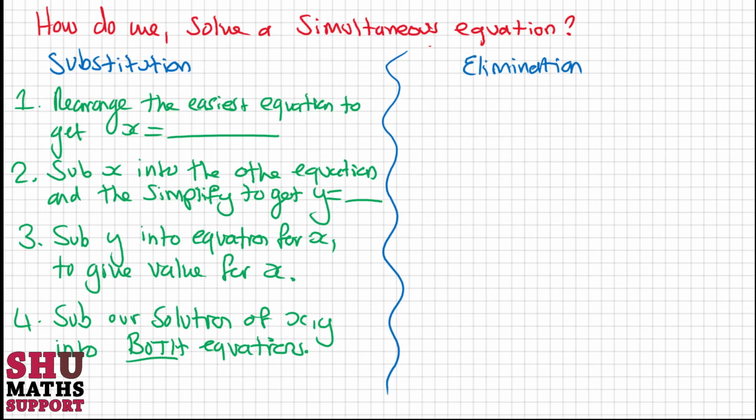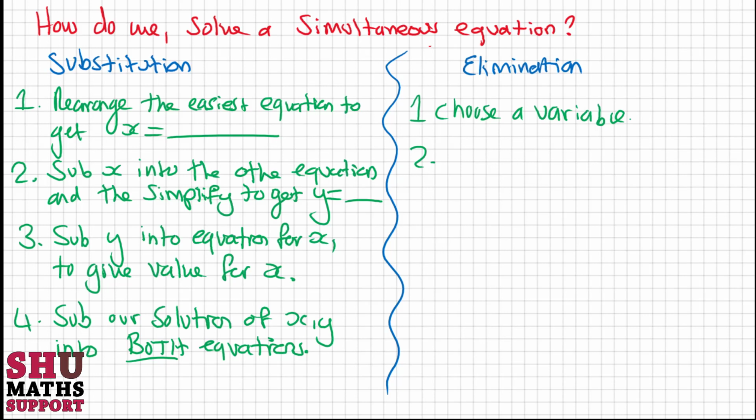So the steps for the elimination method are, we want to identify the unknown variable that we want to choose first. So basically, choose a variable. Then step 2 is, if needed, we need to multiply or divide one of the equations by a factor so that the unknowns have a common coefficient.